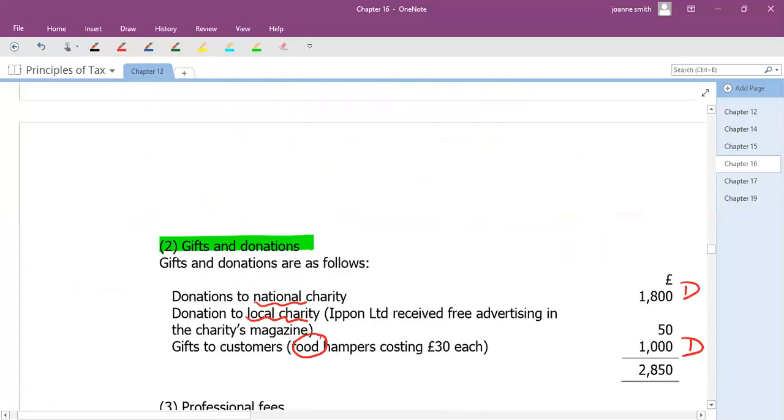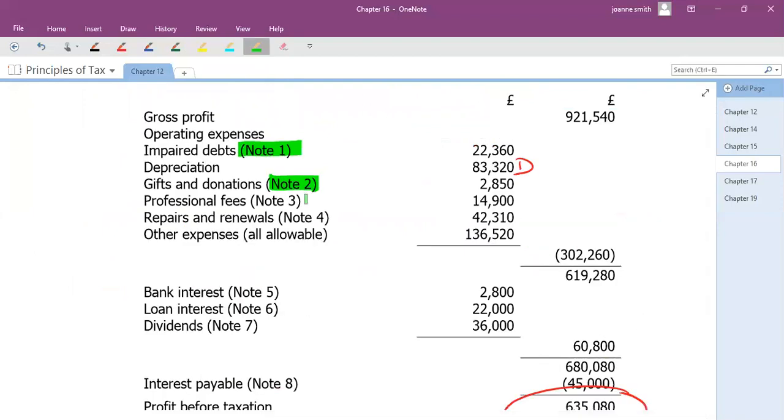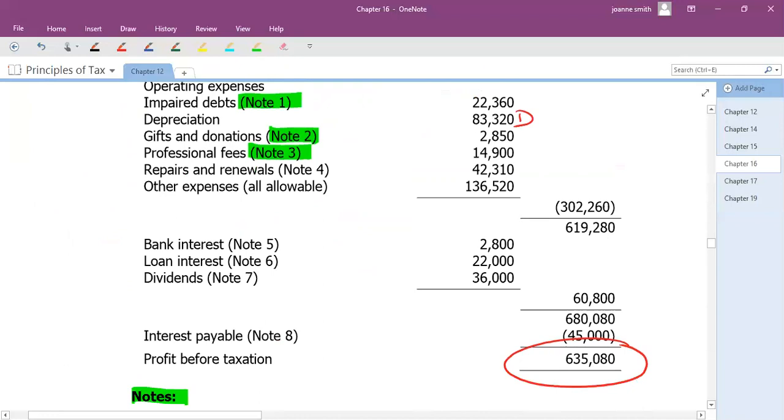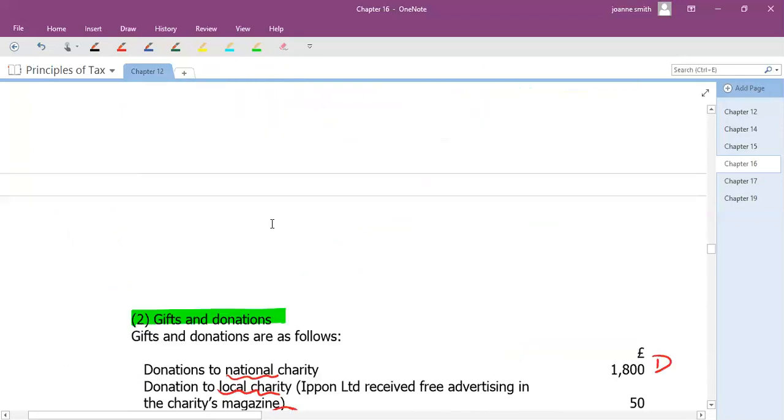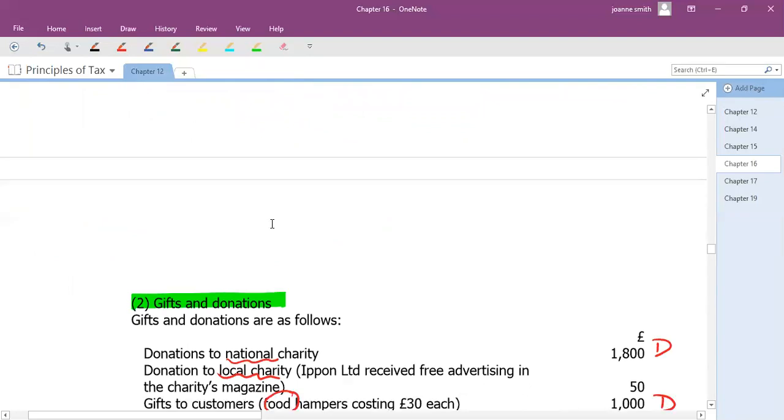So next item, we've got some professional fees. Professional fees, 14,900, relating to note number 3.